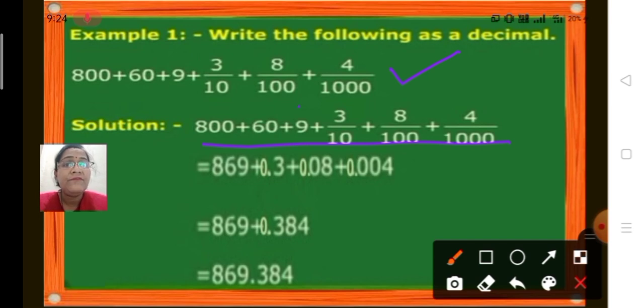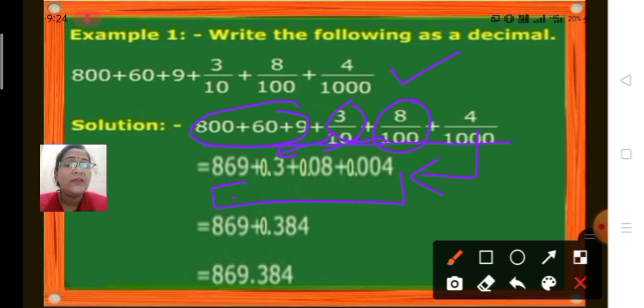Here, children, if we add the whole part, we'll get the number 869. Then the fraction 3/10 will be written as 0.3. Then the fraction 8 upon 100 is written as 0.08, and the last fraction, that is 4 upon 1000, will be written as 0.004.